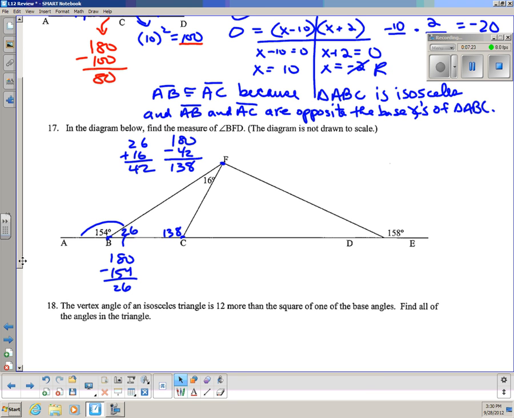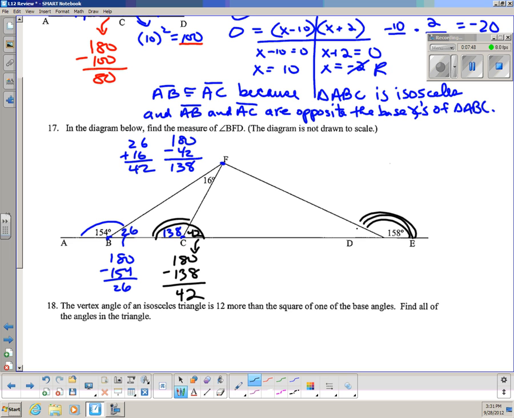Then I can say, well, I have this 138 degree angle. And that's supplementary to this angle. So we can do the same thing we did at vertex B. We can do 180 minus 138, and that gives us 42. Now I really can't do anything else until I realize, oh, I have this angle over here, the 158, and I can get this guy right here by subtracting from 180 again.